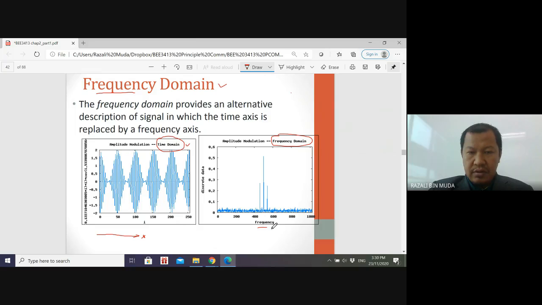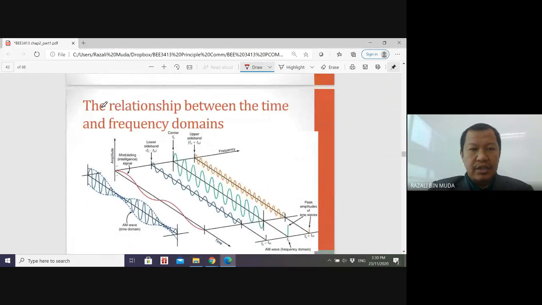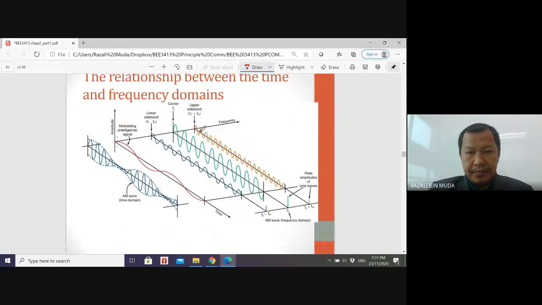Okay, the relationship between the time and frequency domain. This is the AM signal. Let's see this signal.